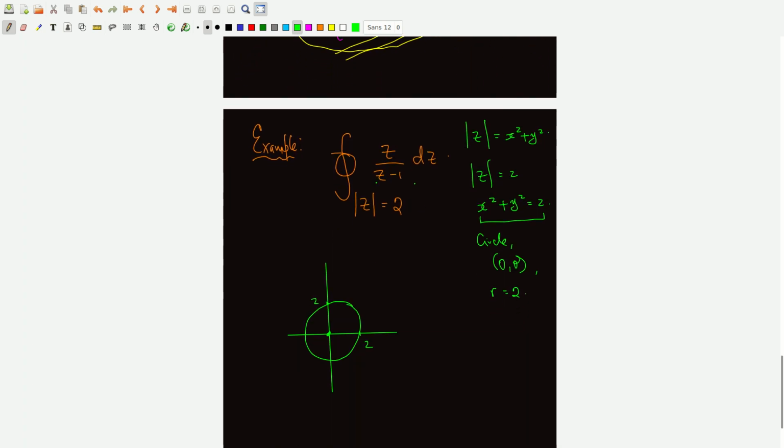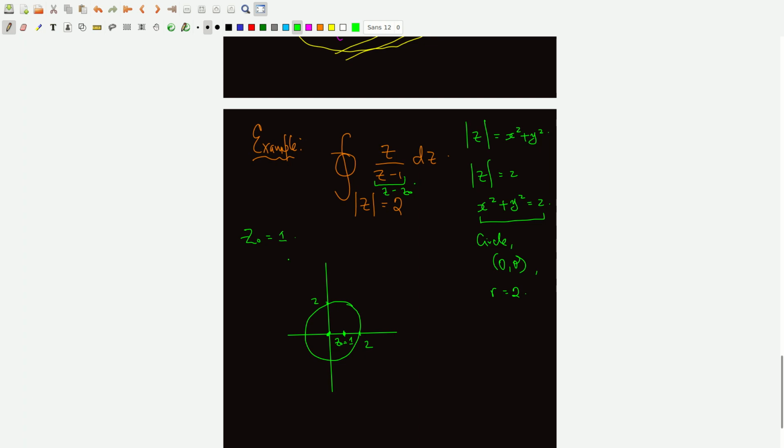In other words, our z naught is equal to 1, and at z equals 1 we have a singularity, because z over 1 minus 1 is z over 0, which is not defined at that point.